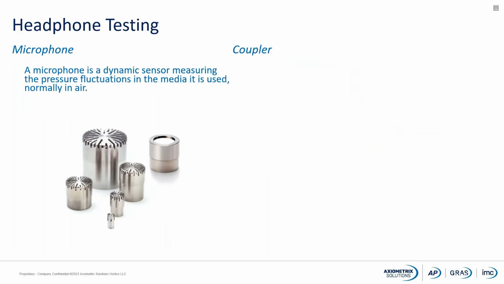Before we continue, I think it's a good idea to look at the definition for a microphone and the definition for a coupler. A microphone is a dynamic sensor measuring the pressure fluctuation in the media in which it is used.